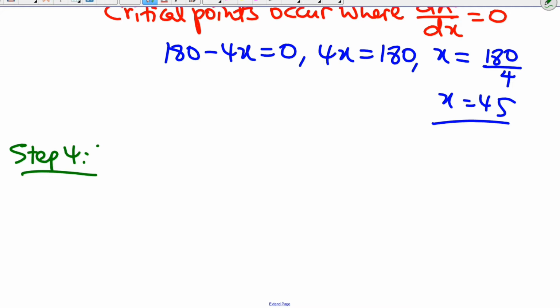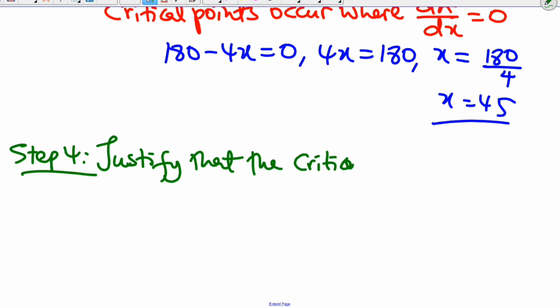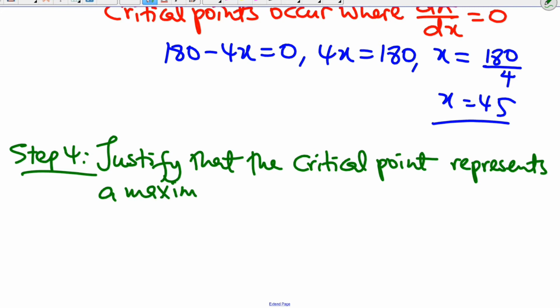So justify that the critical point represents a maximum, and you're going to use the second derivative test.